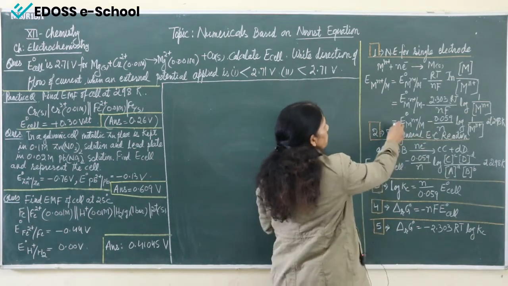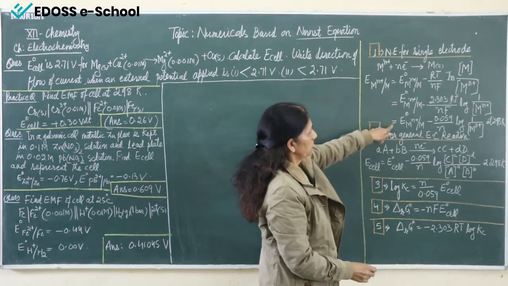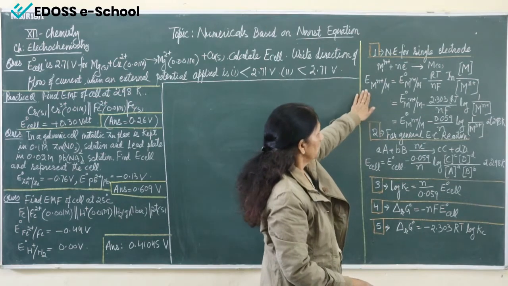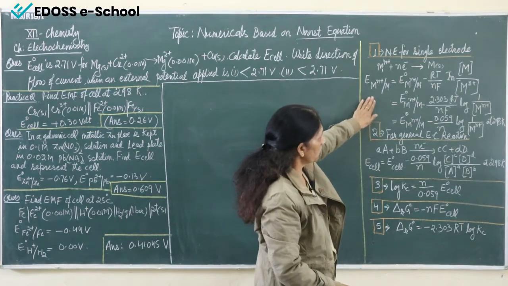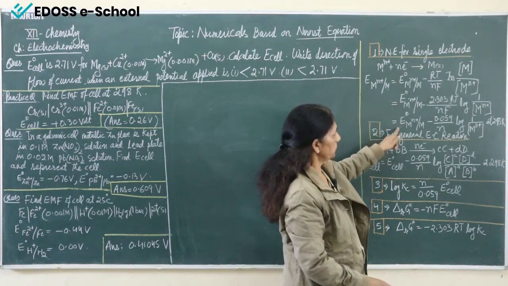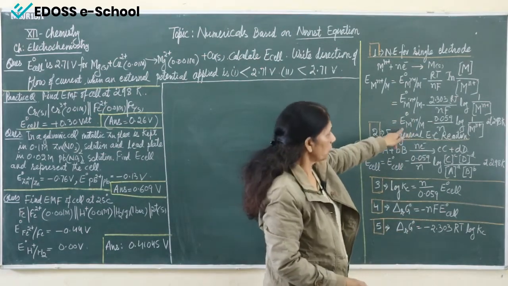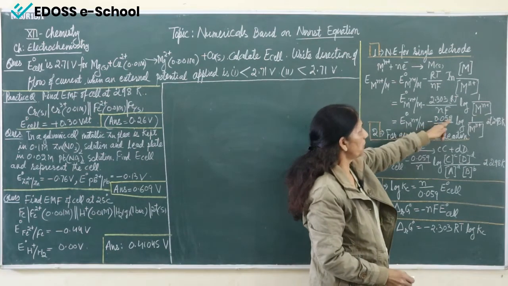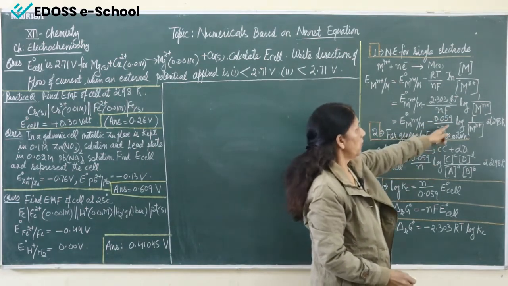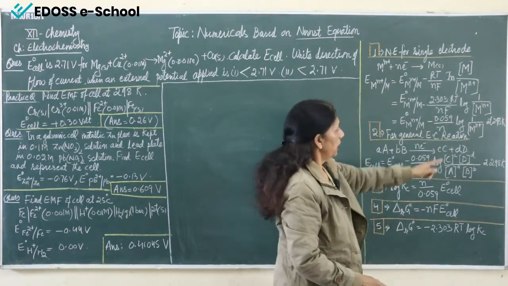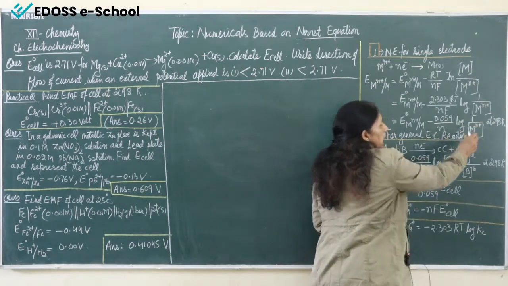So this is the simplified form of the Nernst equation: the electrode potential of a single electrode is equal to the standard electrode potential of that single electrode minus 0.059 upon n log 1 upon M n positive, the concentration in aqueous solution.